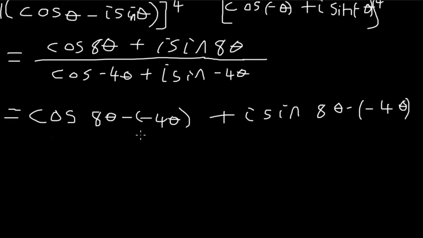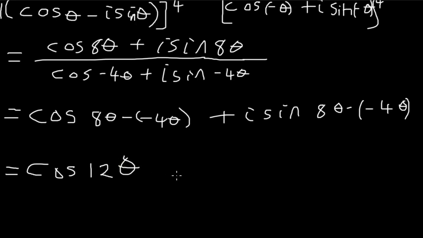So now we get our answer to be, negative times negative is positive, so 8 theta plus 4 theta you get 12 theta.